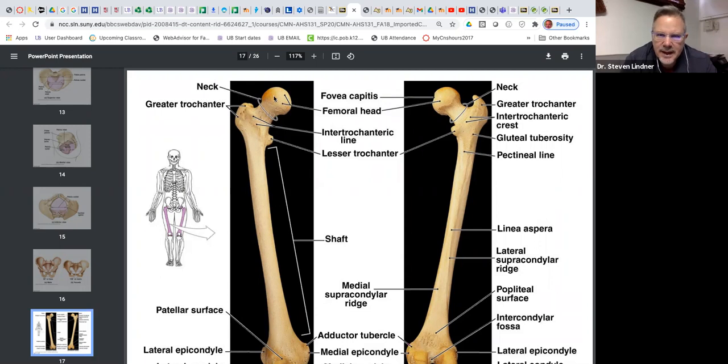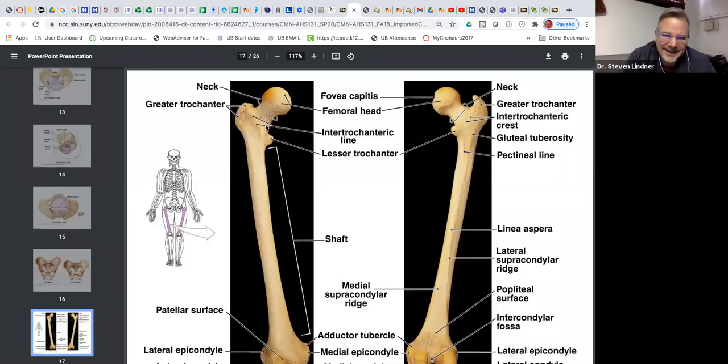Then you have the femoral head, you have the femoral neck, then there's a greater trochanter and a lesser trochanter. Remember, on the humerus, there was a lesser and greater tubercle. On the femur, there's a greater and lesser trochanter.